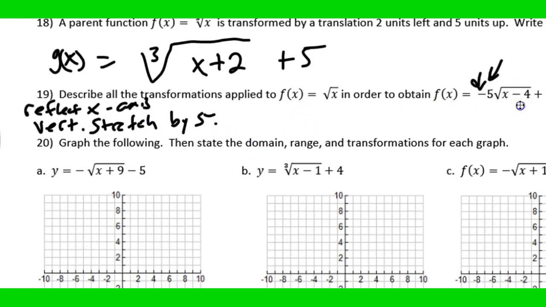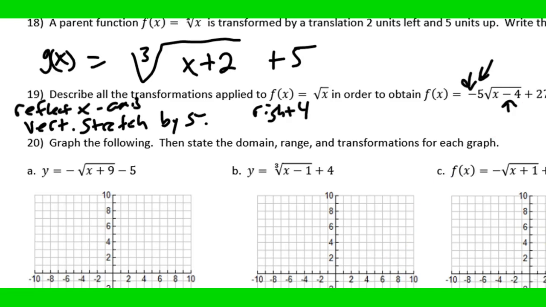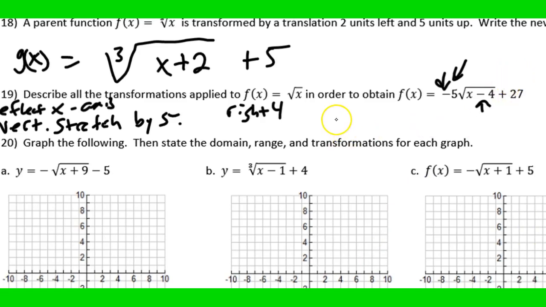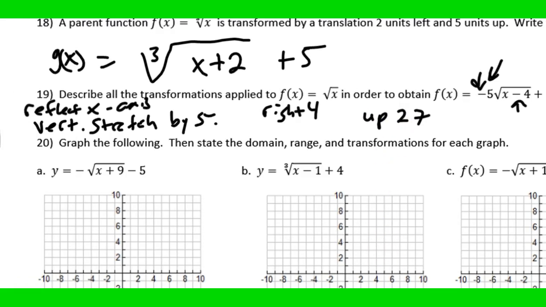And then this minus 4 underneath the radical tells us, because it's minus 4, we do the opposite. So we go right 4, and then the 27 outside the radical tells us up 27, okay? So there we go right there.